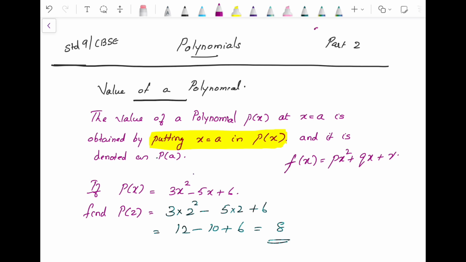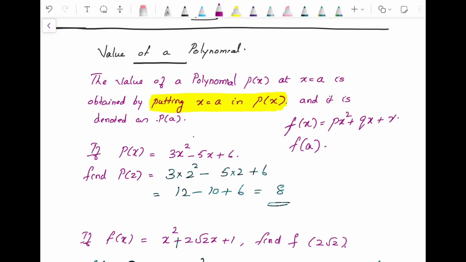If you have to find the polynomial f of a, you have to simply substitute the value a in the place of x. So, the value of the polynomial p of x at x is equal to a is obtained by putting x is equal to a in the polynomial, and it is denoted as p of a. When you see the example, you will understand it better.